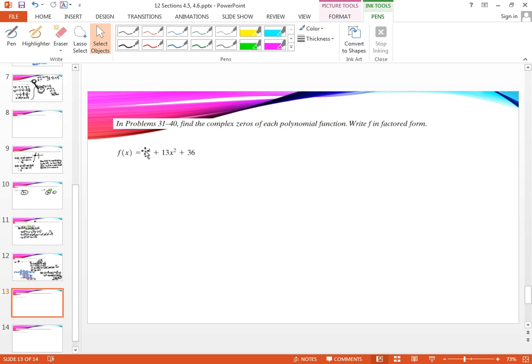Think about this for a second. This is degree 4, right? So we know it's got a positive leading coefficient, so we know it starts high and it ends high. It might or might not cross the x-axis. We can find our y-intercept is 36.